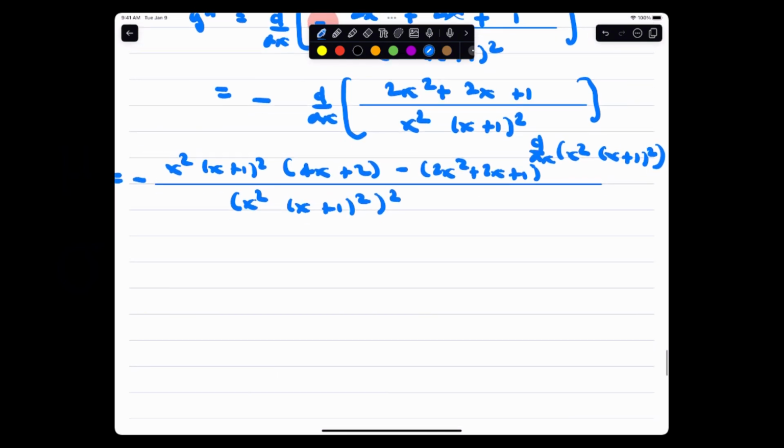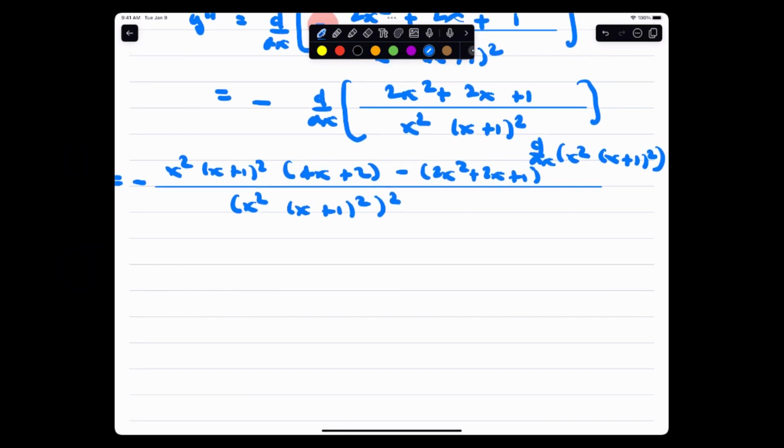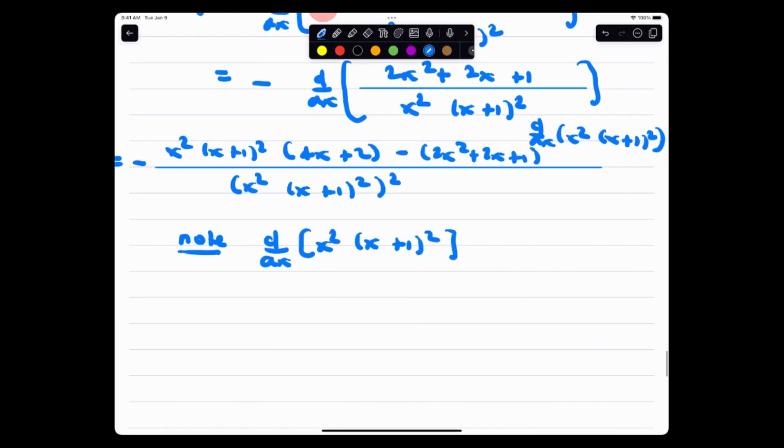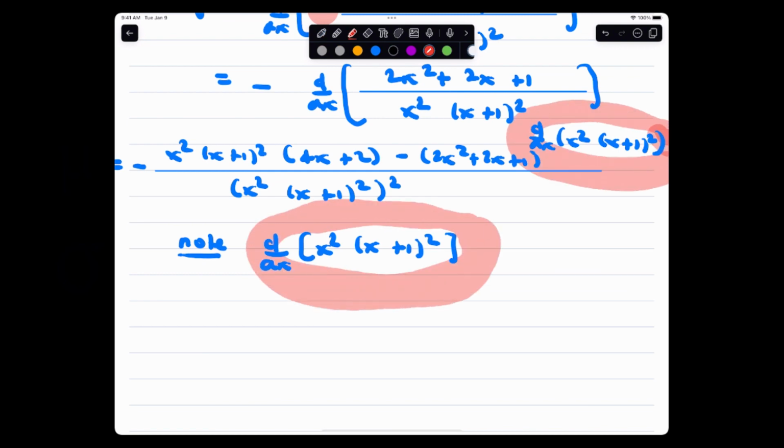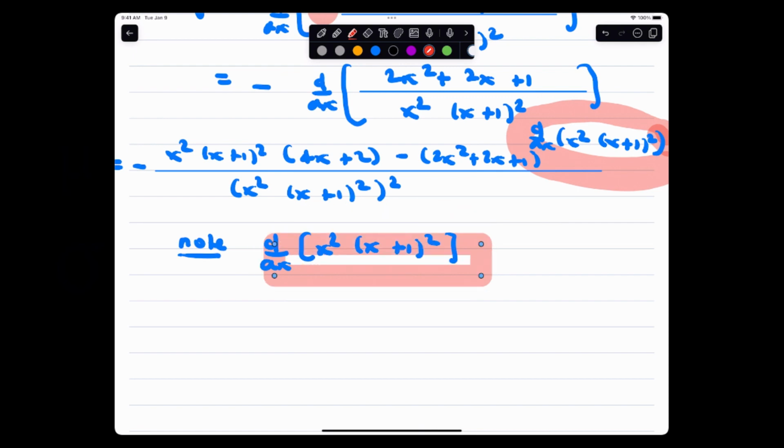X squared, x plus 1 squared, okay? So I'm going to do a note here, by the way. I want to find out what that derivative is by product rule. Okay, you guys see what I'm saying here? Let me put this in red. Product rule.